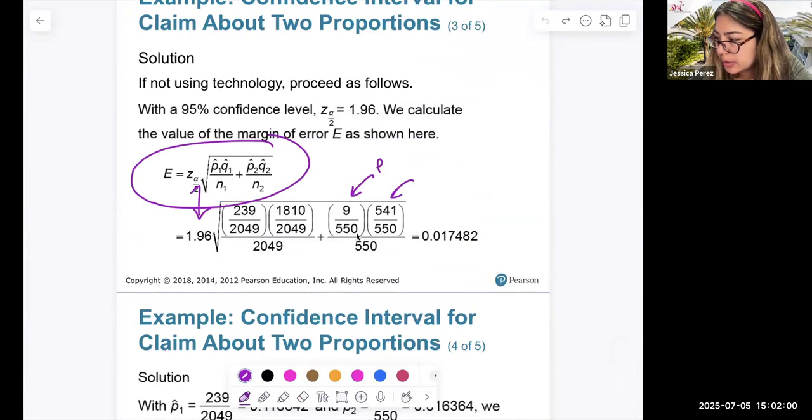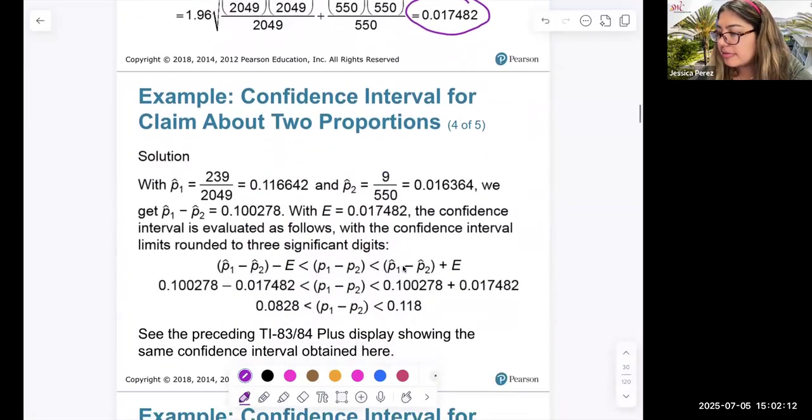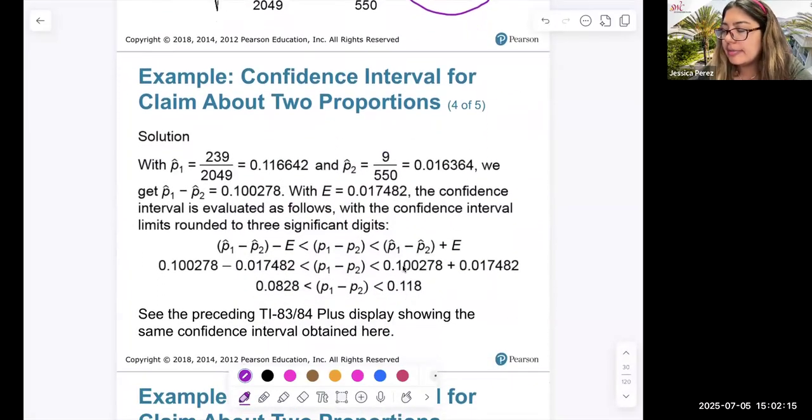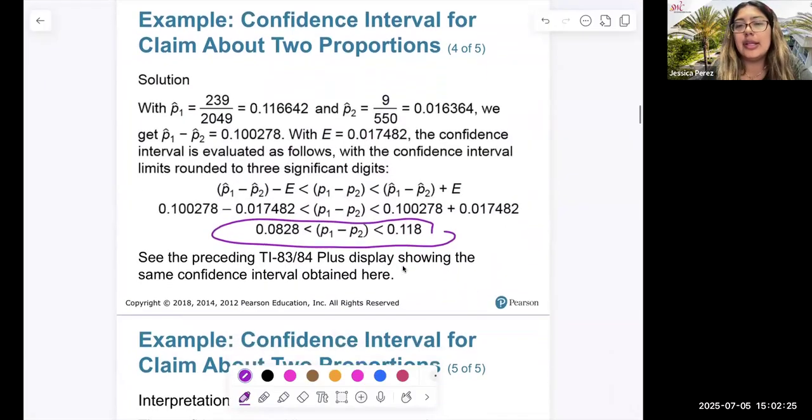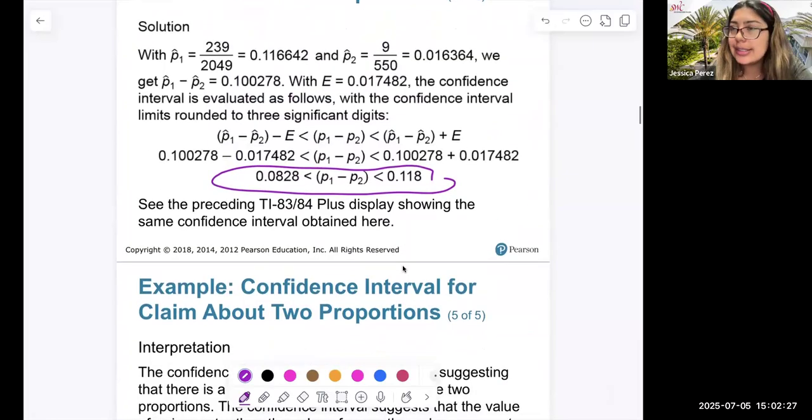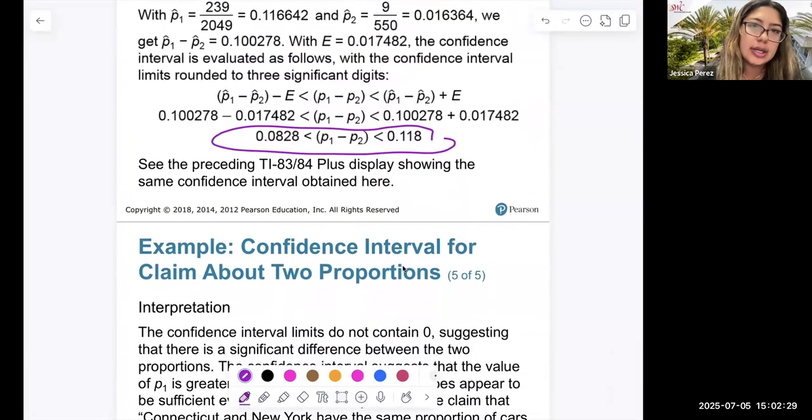And then they plugged this in the calculator and they found the standard error. Remember, to find the answer, you have to do P1 hat minus P2 hat minus E, and P1 hat minus P2 hat plus E. And they found this answer. But we already had found the answer using our stat disk or TI-83 or TI-84.